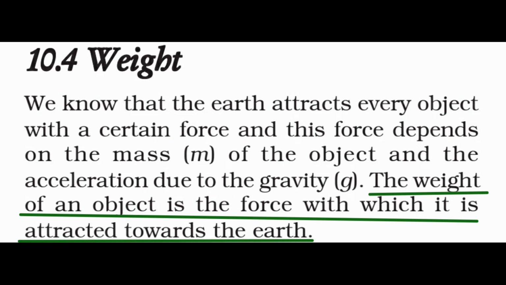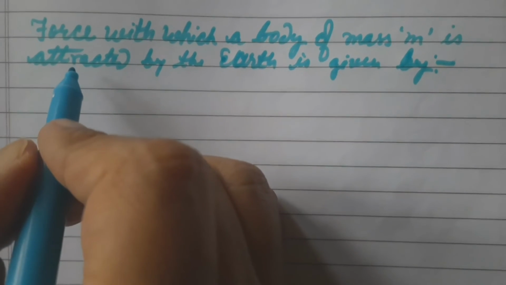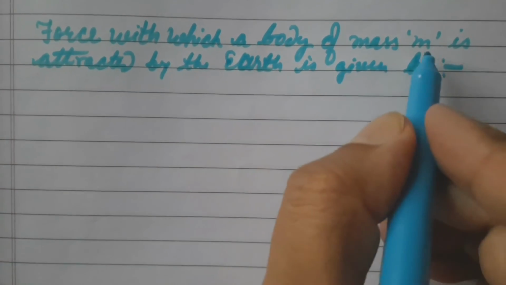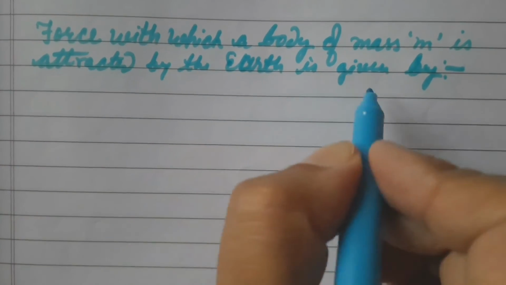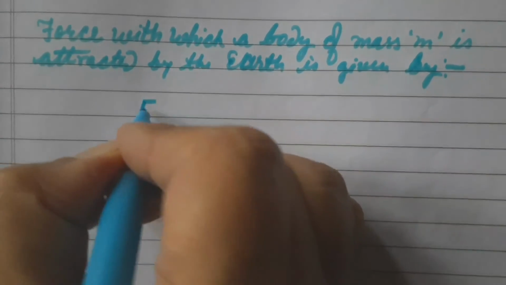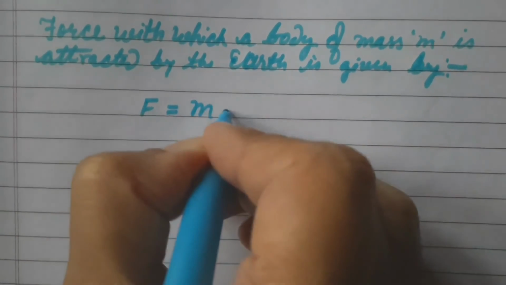Weight. We know that Earth attracts every object with a certain force, and this force depends on the mass of the object and the acceleration due to gravity. The weight of an object is the force with which it is attracted toward the Earth. Force with which a body of mass m is attracted by the Earth is given by F equal to ma.